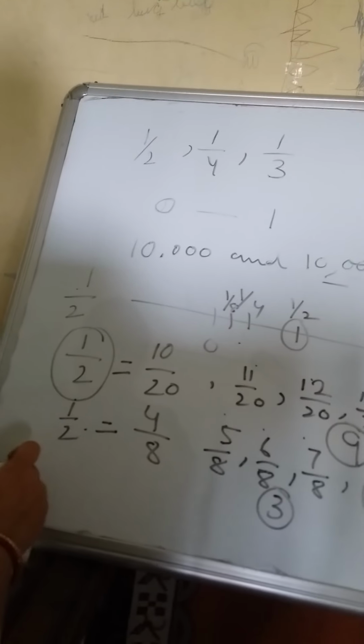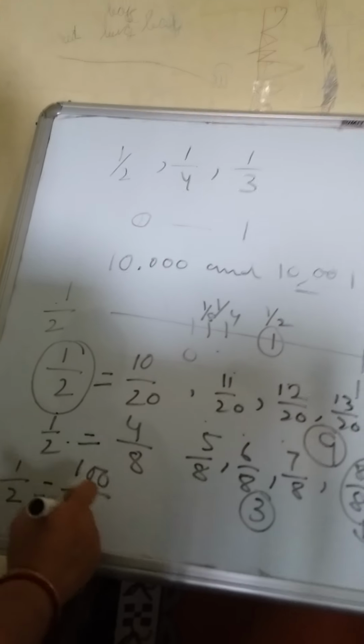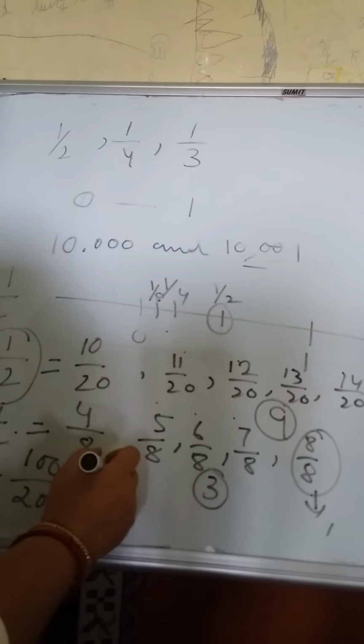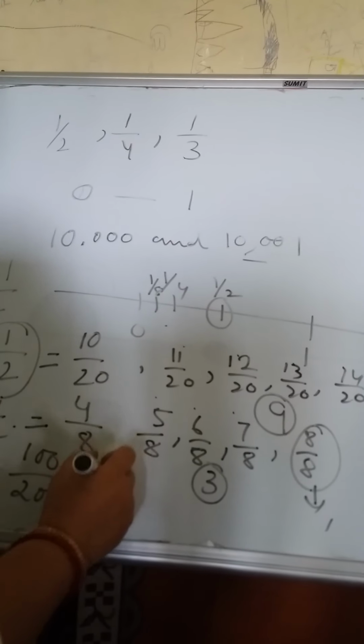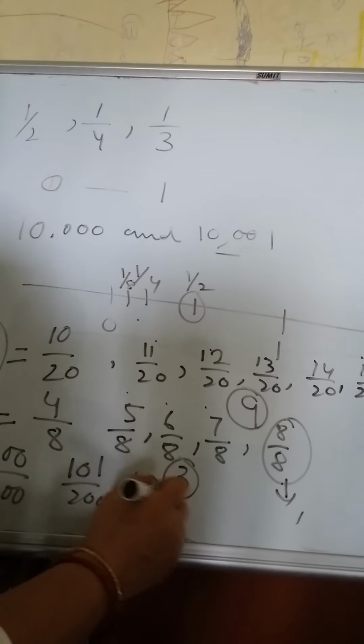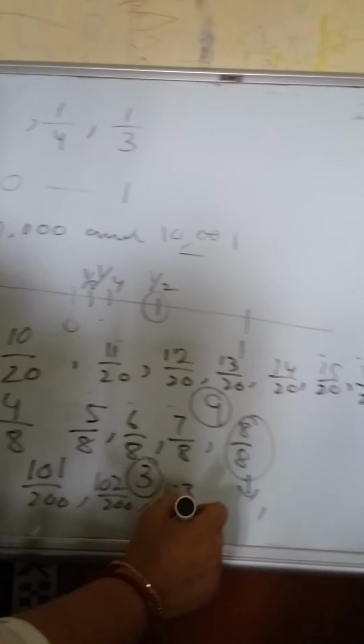In the same way, we can write 1 by 2 as 100 by 200. So after 100 by 200, it is 101 by 200, 102 by 200, 103 by 200.